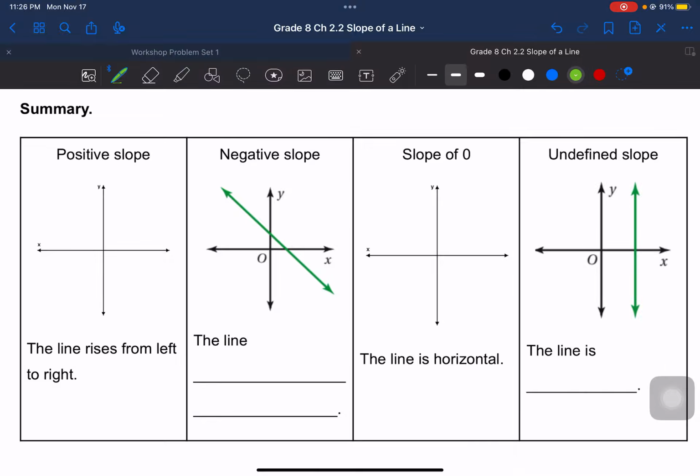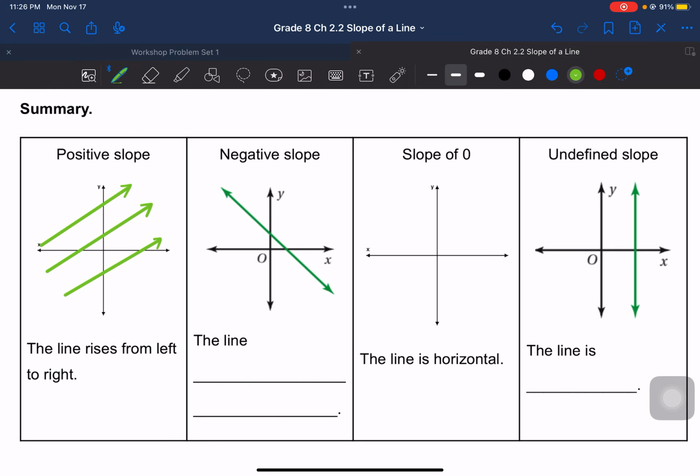So when it's going from left to right, it's rising, so it's going that way. So let's draw. It's going up from left to right. It could be there, it could also be here. It doesn't matter where it is, as long as it's rising from left to right.